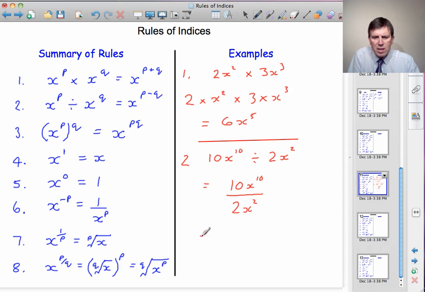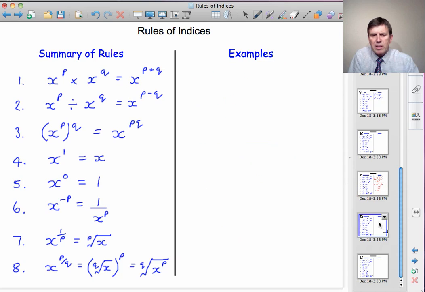And here we see 10 divided by 2 is 5, but x to the 10 divided by x to the 2 is x to the 10 take away 2, which is x to the 8. So there's another illustration that even though we've got a 10 and a 2 numbers at the front and a 10 and a 2 for indices, they didn't end up the same in the answer.